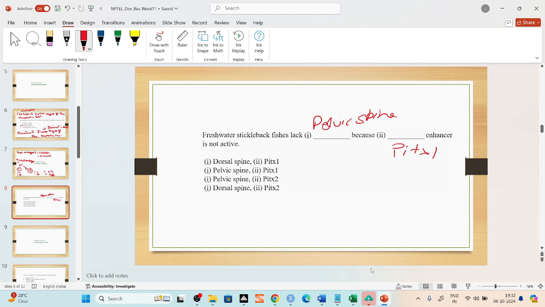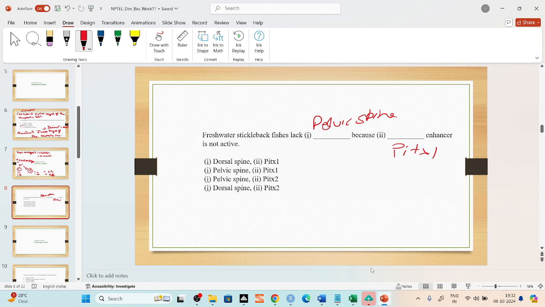Because of differential gene expression. So the genes are expressed in a cell-specific and temporal manner. That means genes which have to express in the eyes will not express in the lungs, although they are present in the lungs.